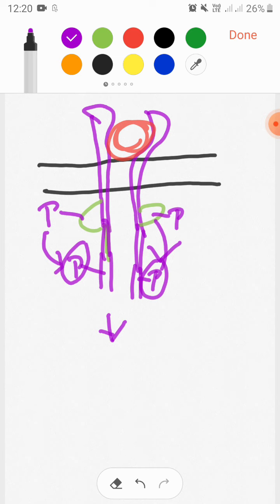Now the STAT will bind here. Let me draw the picture again.